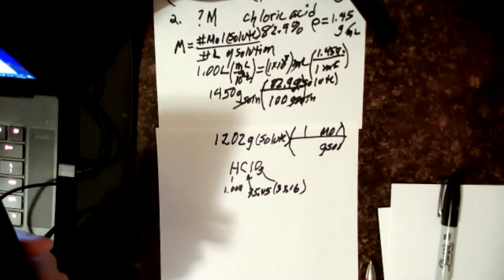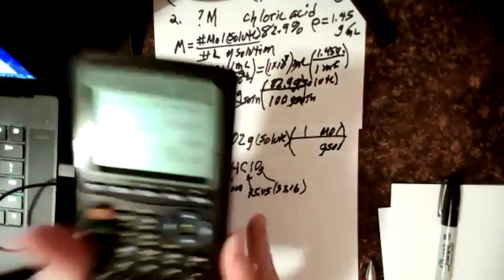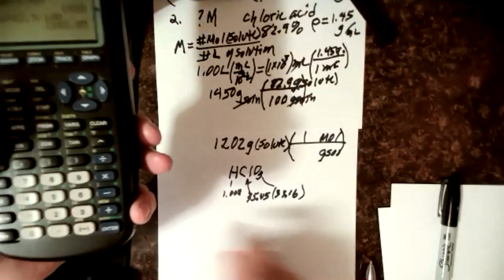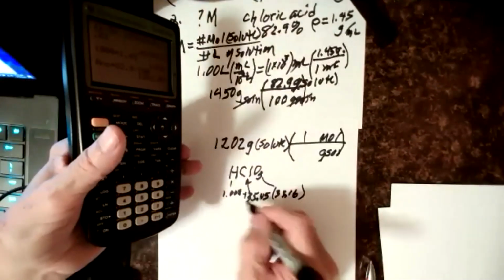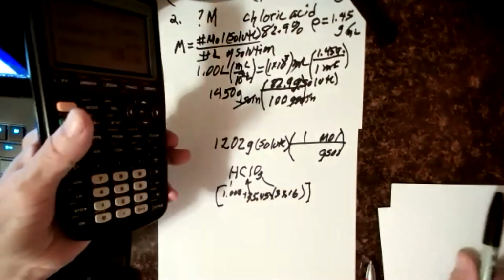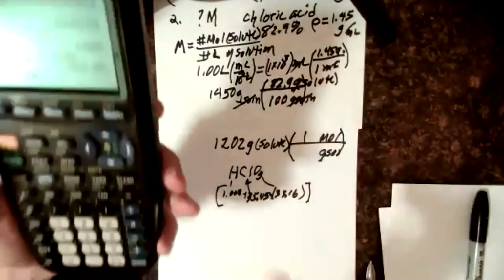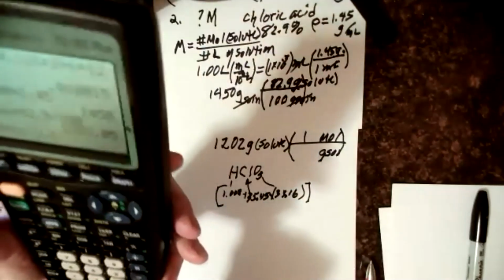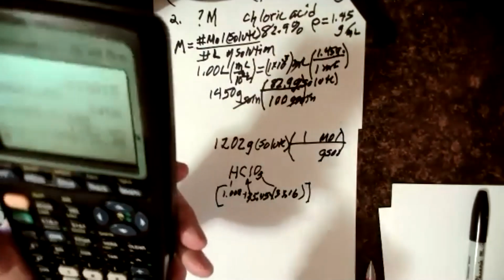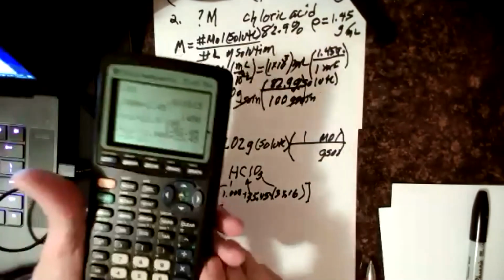And I'm going to tell you how I would do it. See, I still got this number right here on my screen. All I need to do is divide by the sum of these, this plus that. So I'm going to put a parenthesis, divide, put a parenthesis, divide by 1.008 plus 35.45 plus 3 times 16 and close my parenthesis.